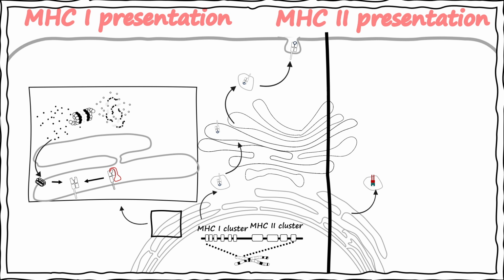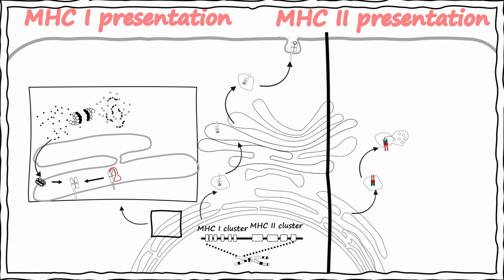Now, in terms of class 2 MHC molecule, things are a bit different, because initially class 2 MHC molecule has basically no exogenous peptide in the endoplasmic reticulum. The exogenous peptide comes and gets loaded onto the MHC molecule in some sort of endosome.